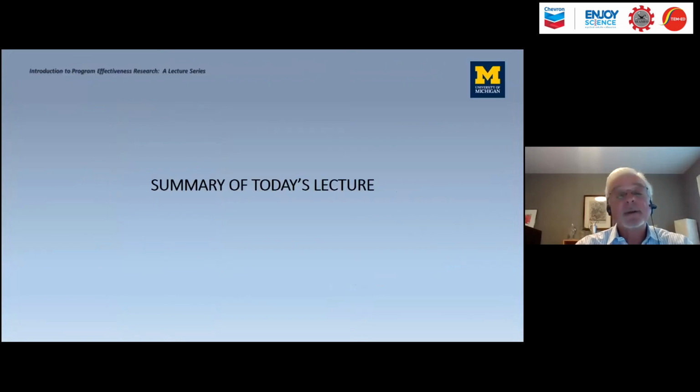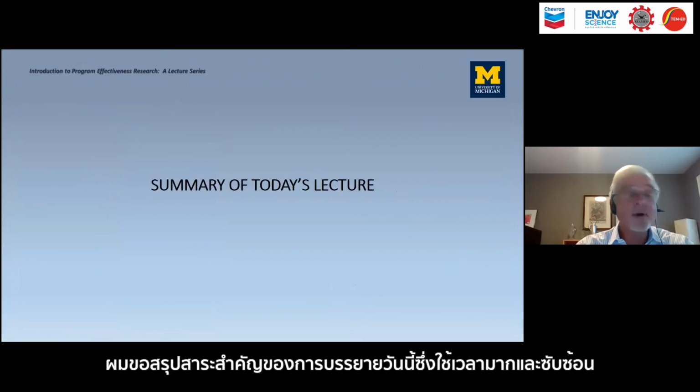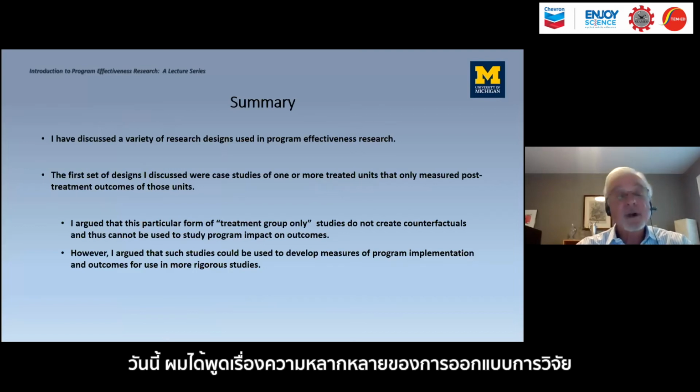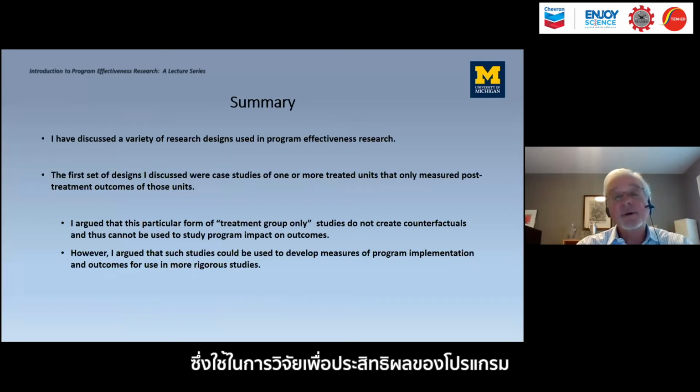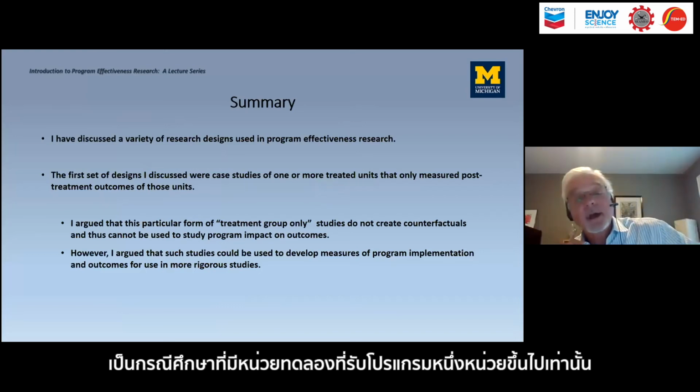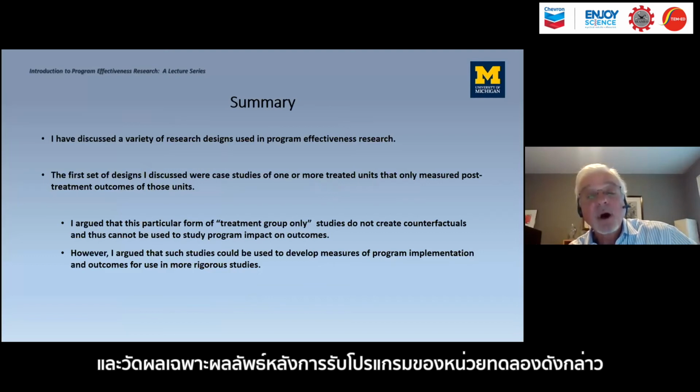All right, so let me then summarize the gist of today's lecture. And it was long and complex. I have discussed today a variety of research designs that get used in program effectiveness research. The first set of designs that I talked about were case studies of one or more treated units only, and that measured only post-treatment outcomes for those units.